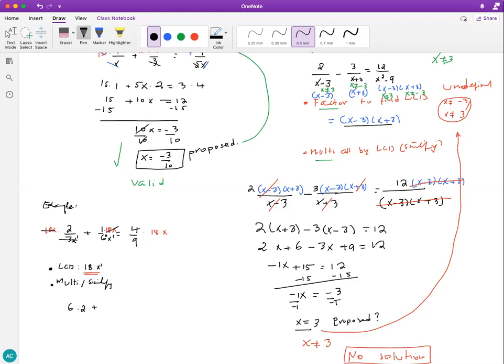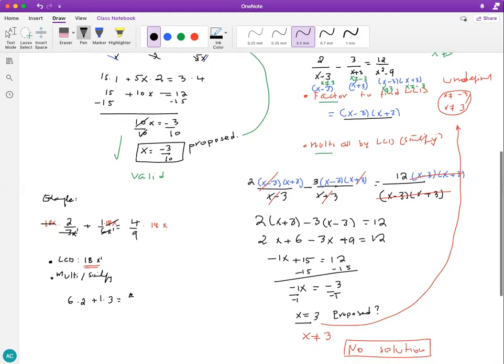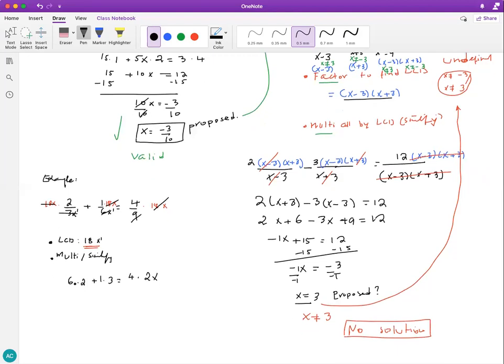Plus, same thing here, let's reduce that. It'll be 1 times 18 by 6, that's 3, and the x's cancel out. Finally, 4 times 2x. So 18 by 9 is 2, and the x stays. It doesn't cancel out because there is no x here, so 2x. And that's it. Again, you see how useful that is. The fractions are gone, all of them. The rest is pretty simple.